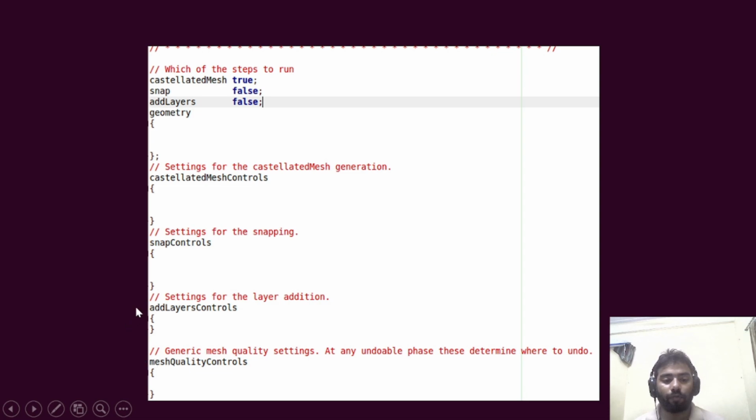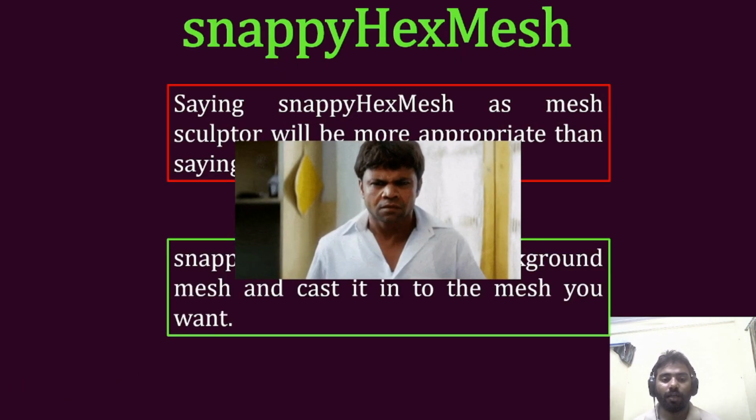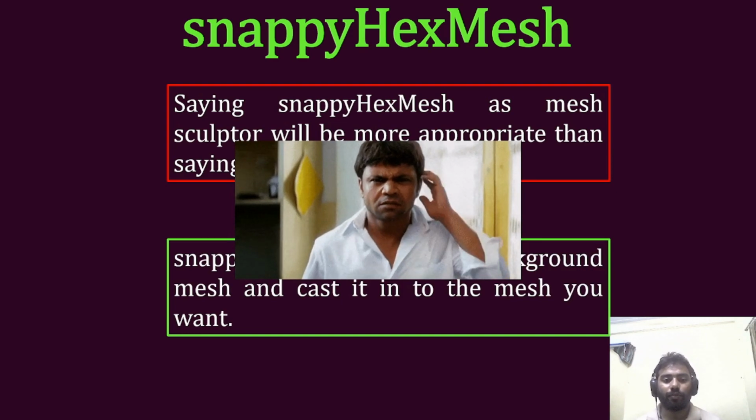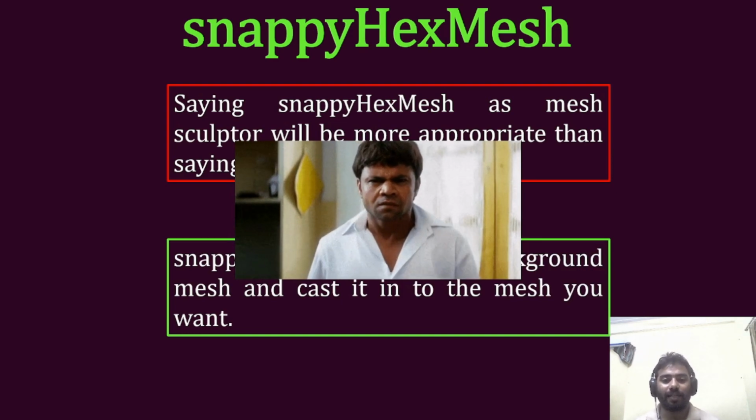If you want to add layers at the boundary of the STL surface or object surface, this information should be given in the add layers controls. And the mesh quality settings, that is, what the quality of your mesh should be while using snappyHexMesh, should be provided in this sub dictionary.